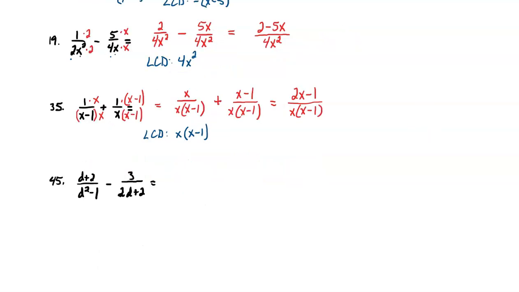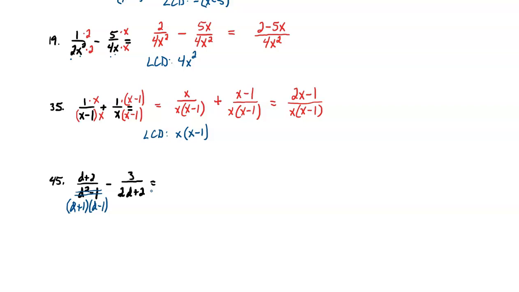Now number 45. This is a subtracting fractions question, so you have to have the same denominators. I notice the denominators are polynomials that need to be factored. This polynomial here factors as d plus 1, d minus 1. So instead of using the d squared minus 1, we're going to think of that denominator as d plus 1 times d minus 1.